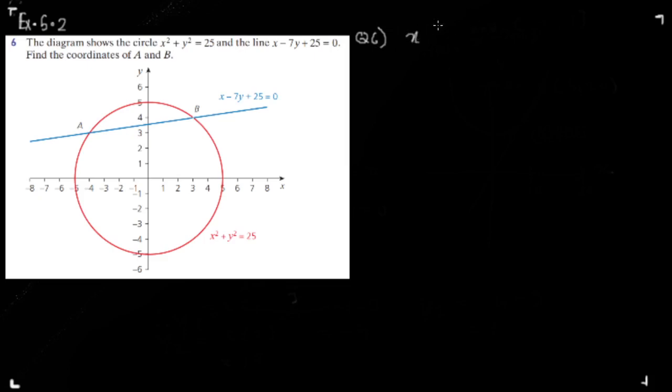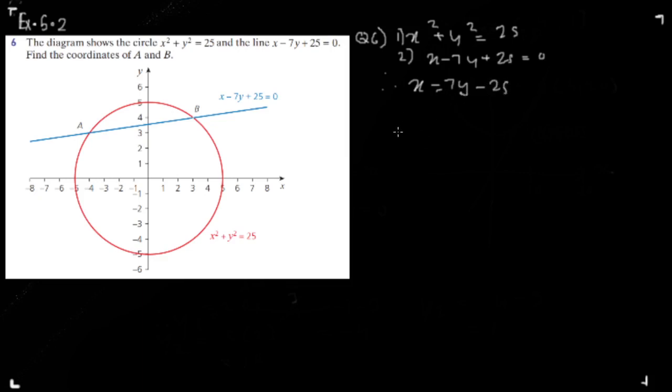Okay, so x squared plus y squared equals 25, and that's equation number one. Equation number two is x minus 7y plus 25 is equal to 0. So from here, we can conclude that x is equal to 7y minus 25, right?